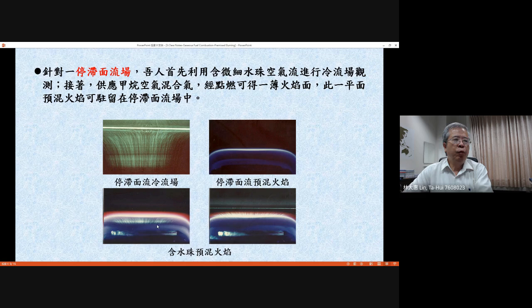That means we may produce a large heat loss when using water as a seeding particle. Now, later on, I will give you two examples. One case is the water droplet as a seeding particle. The other one is the smaller magnesium oxide as the seeding particle in the experiments.